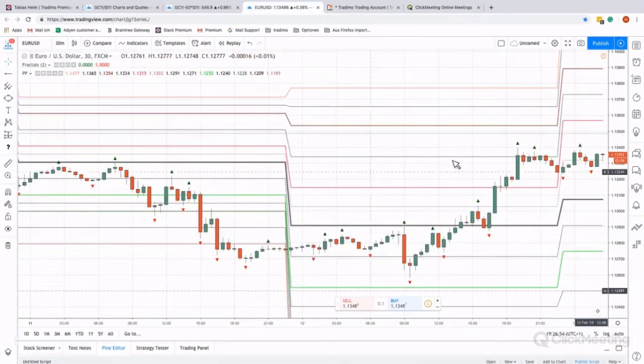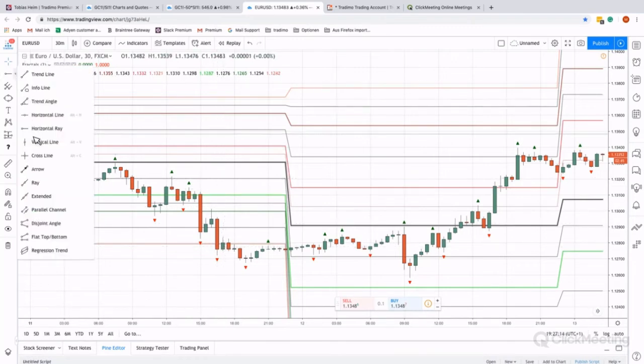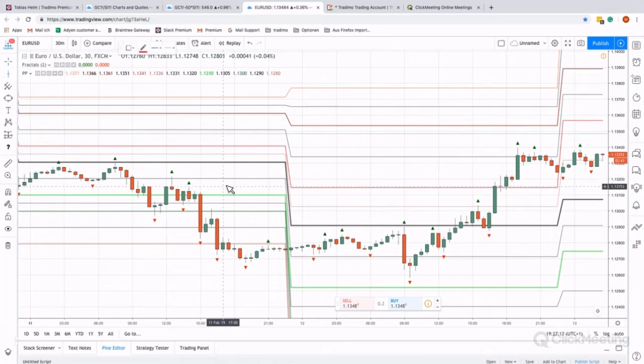Stop. Okay, and one stop again to set the vertical line. Okay, stop. So I have to set a vertical line at this time here. So this was here. Okay.